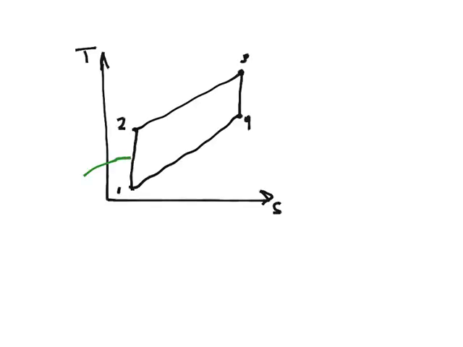And again, I like to do this every single time because it helps me interpret the problem and remind myself what's going on between each state. Isobaric. Isentropic. And isochoric.